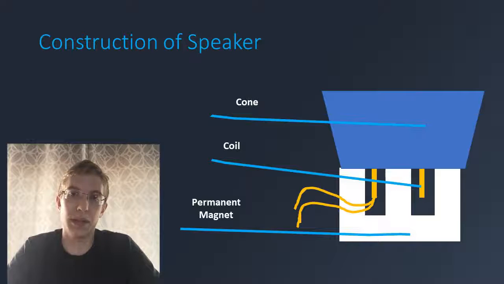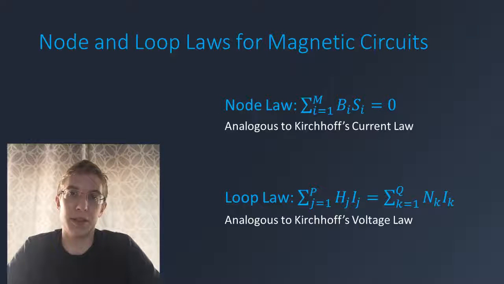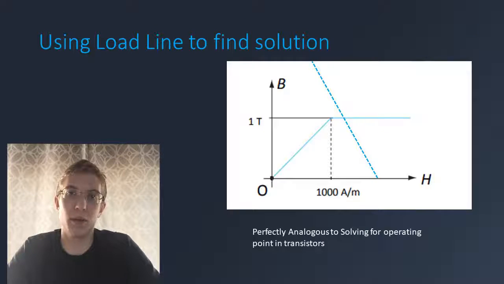So clearly, the speaker is a type of magnetic circuit, and to solve these magnetic circuits, you employ two different concepts which are analogous to the two Kirchhoff voltage and current laws. We have Ampere's law, which is a node law like Kirchhoff's current law, and we also have an analogous Kirchhoff voltage law, which allows us to analyze the H times L through each loop in the circuit.